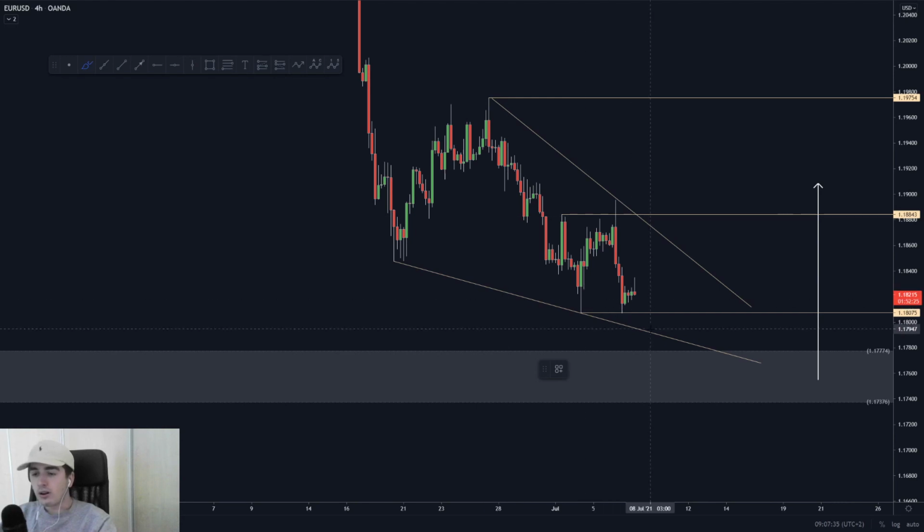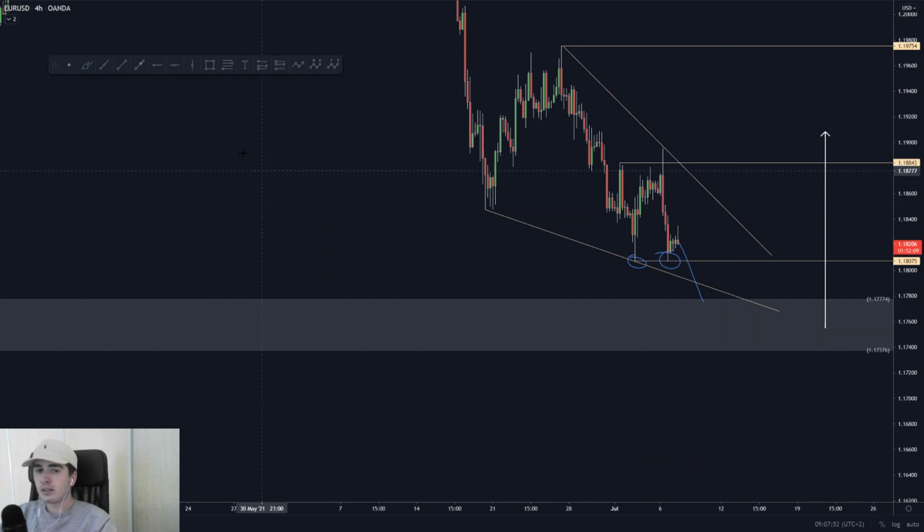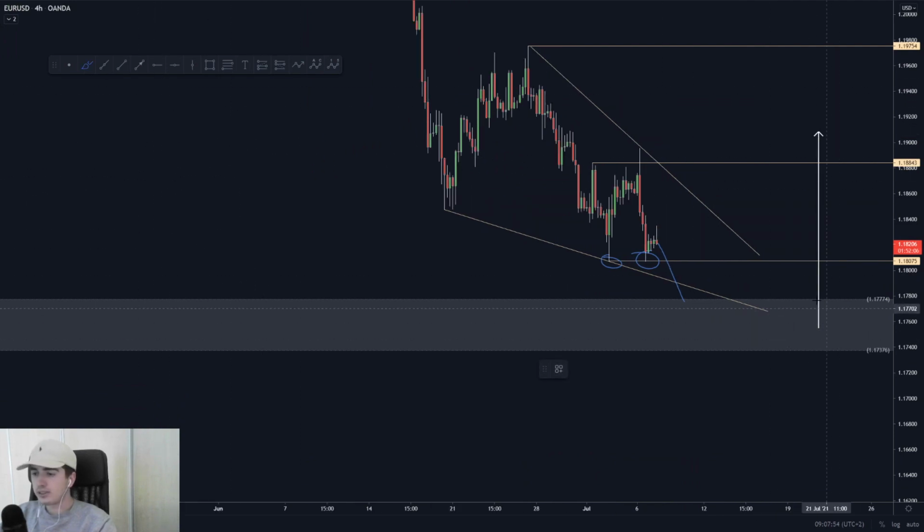So Euro dollar essentially has already matured in regards to its channel or wedge, because we have already seen that fake out on the second low. However, preferably we want to see that dip down lower, maybe a fake out upon the lower trend line alongside a dip in towards this area of demand within the market from 1.17774 and further below.